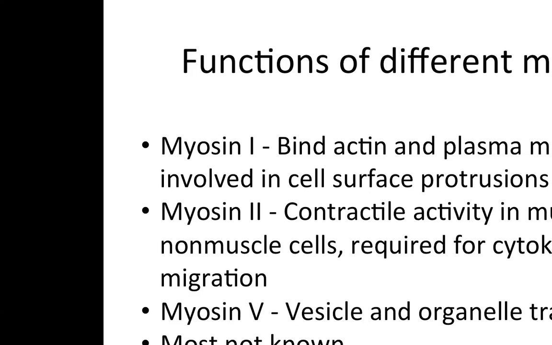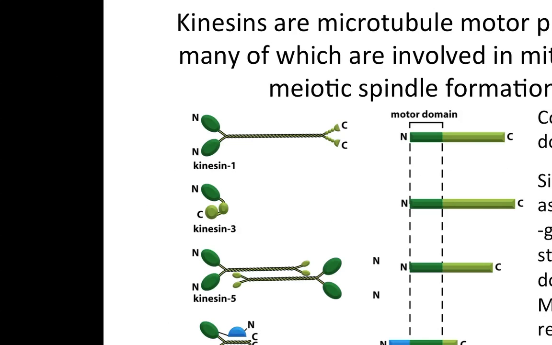Myosin 5 is involved in vesicle and organelle transport. But for most of these myosins, their function is unknown. So if you're trying to decide on a research project in a lab that studies myosin, you can choose from a whole bunch of them that have no known function and just try to figure out what they do. Assuming your boss has money for that.